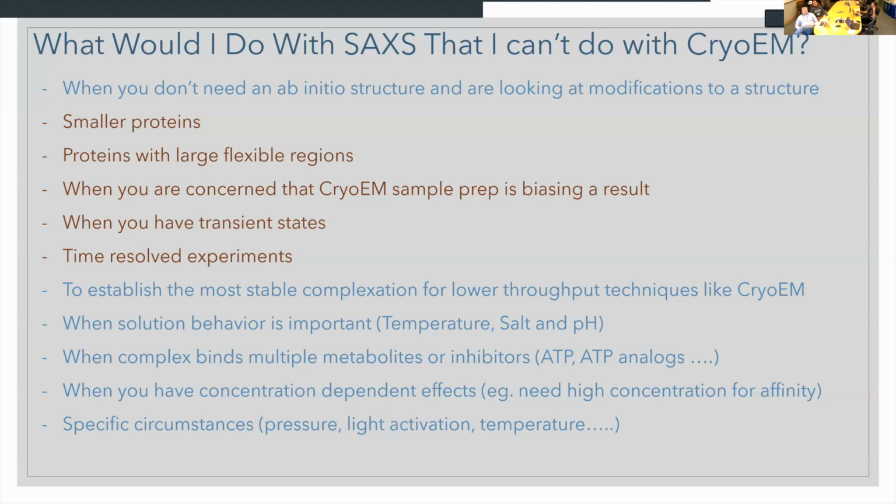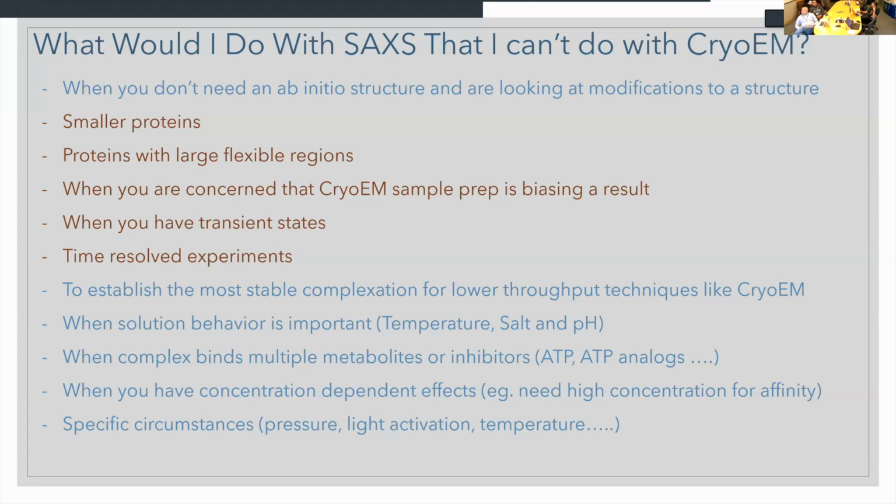When you have transient states that you can't trap on the grid, for time-resolved experiments, to establish the best conditions for lower throughput techniques like cryo-EM, obviously in solution you can do temperature, salt, and pH changes.